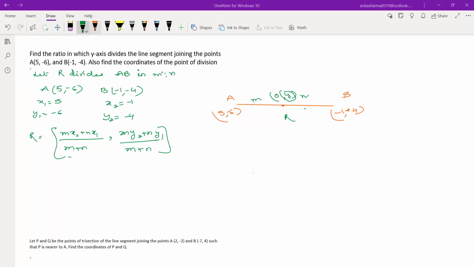The coordinates of R are 0, y, right? And the value of m will remain m only. x2 is minus 1 and n, x1 is 5, upon m plus n, right, beta? And then comma m y2, y2 is minus 4, and n y1, y1 is minus 6, upon m plus n.